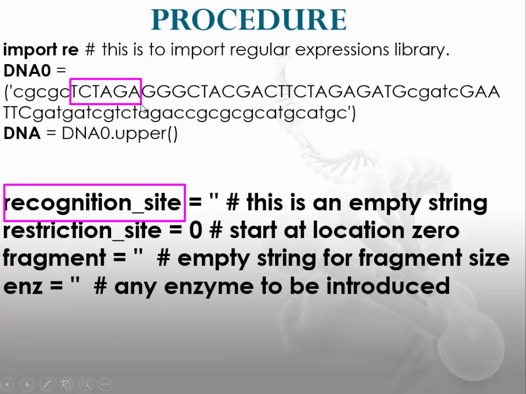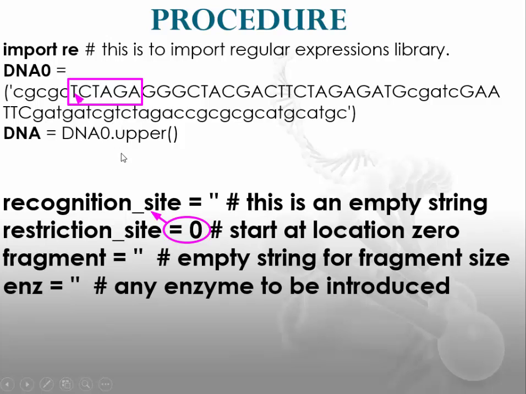TCTAGA is a recognition site for the XbaI enzyme to find on the DNA, so that it cuts it right here. The restriction site could be the exact location where the enzyme cuts. So it is also important to know that the restriction site lies inside the recognition site. So it could be here, let's say, within the recognition site.